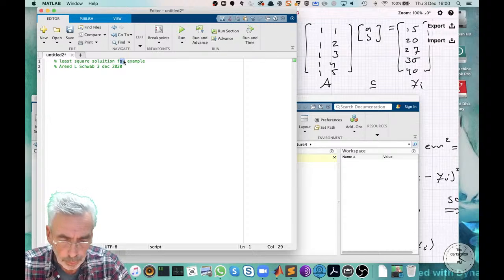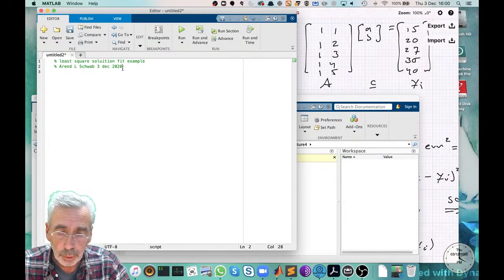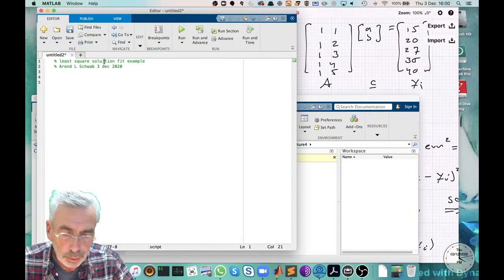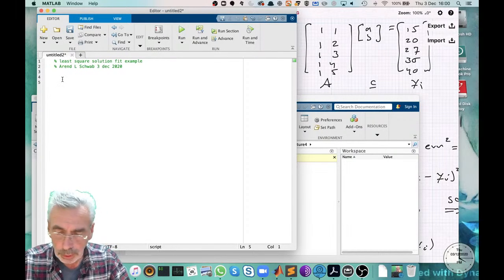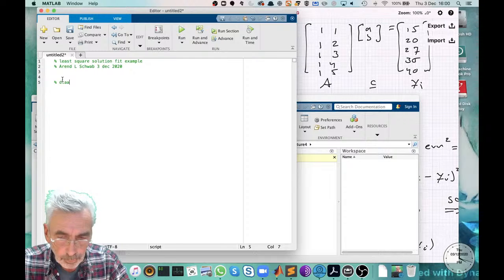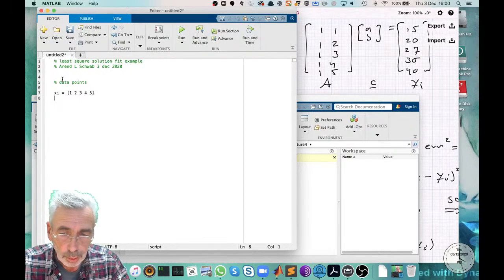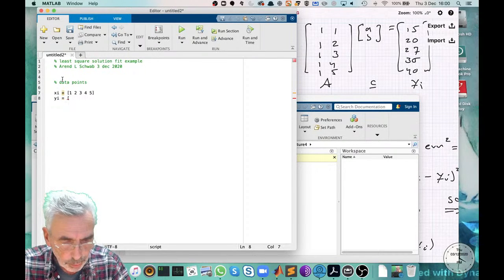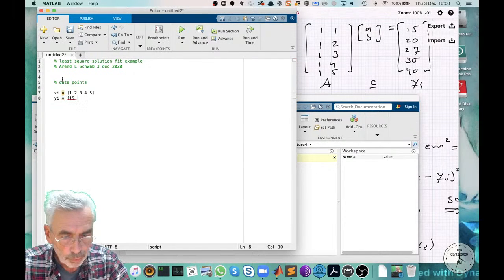Okay, back to more positive things. Least squares solution fit example. My typing is of course horrible. So let's start with the data points. The xi's were simple, just equally spaced, and the y's, I can see them on the right hand side of my screen: 15, 20, 27, 35, 40.